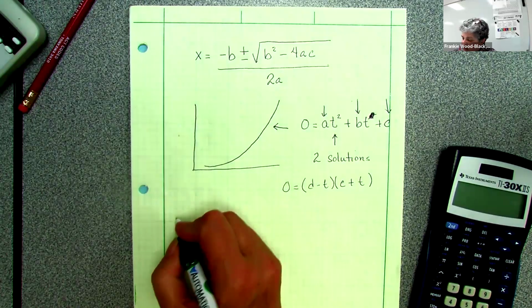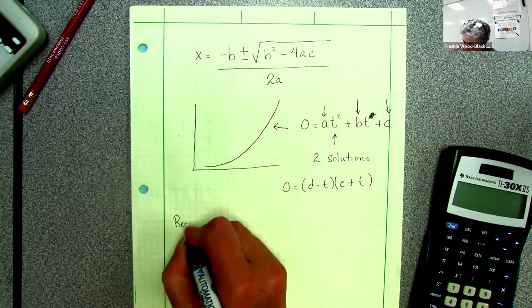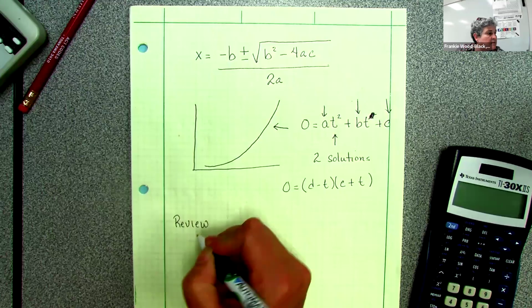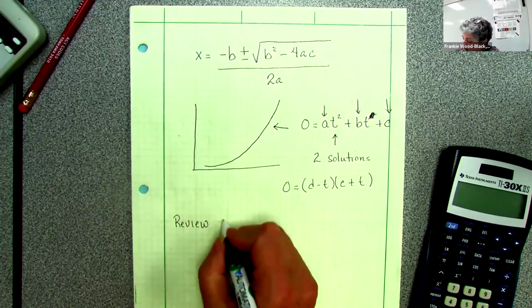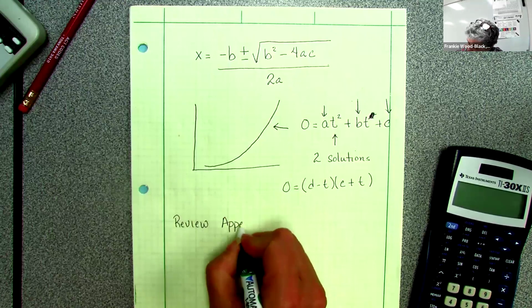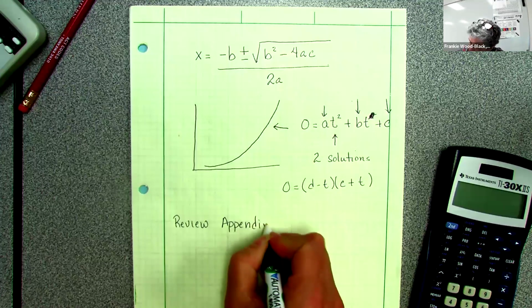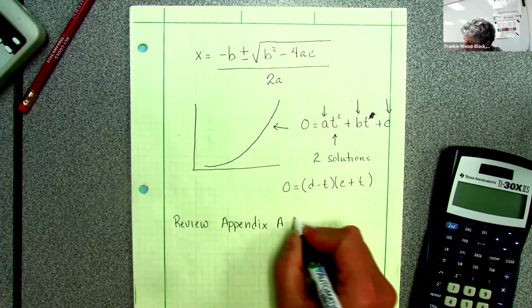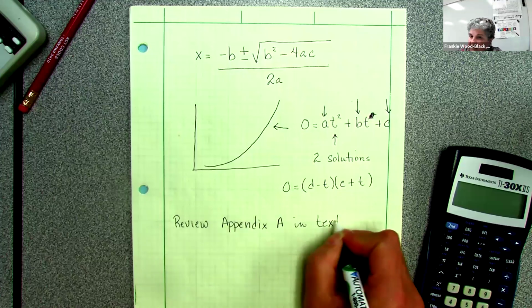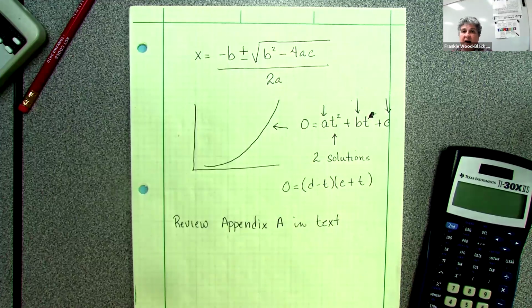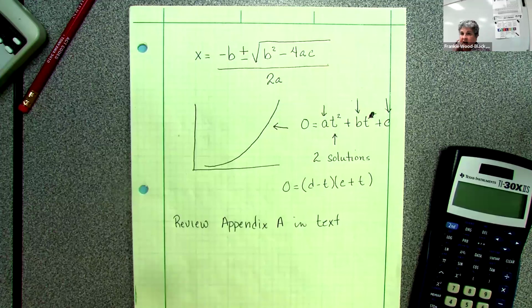I would recommend that you review, I think it's Appendix A, in the text. It's got example problems. It's got a variety of things in there. It's got a whole bunch.